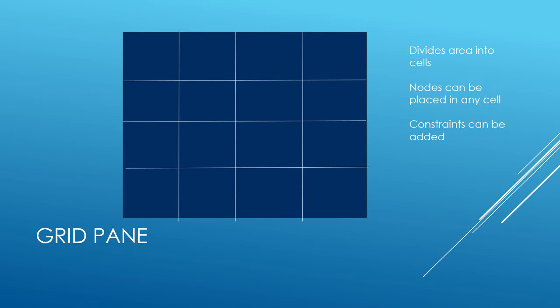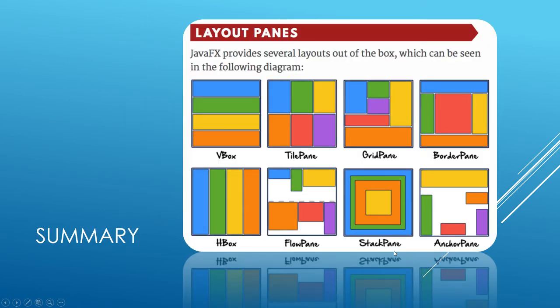And then a grid pane is a pane that is divided into cells, and that your nodes can be placed in any cell. We also could add constraints like color and different things like that. Now here's the summary, pretty kind of picture of all the different types of layout panes that we have available in JavaFX.